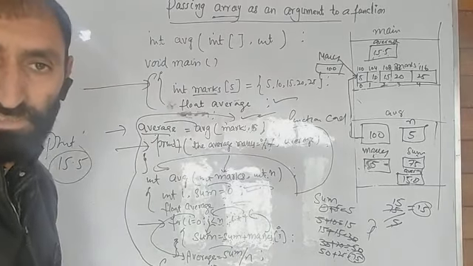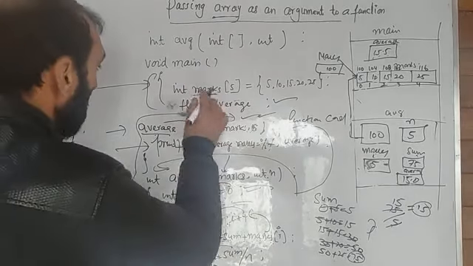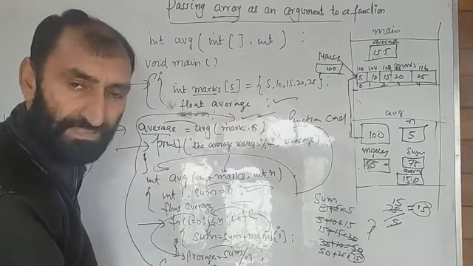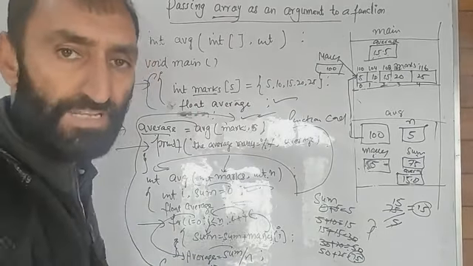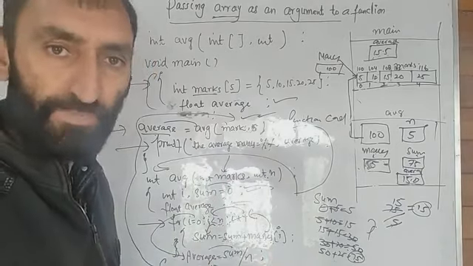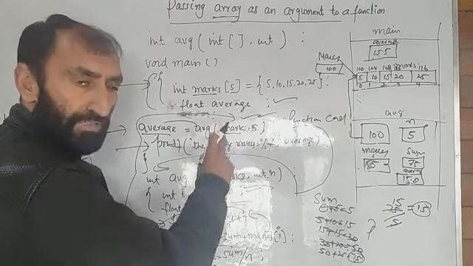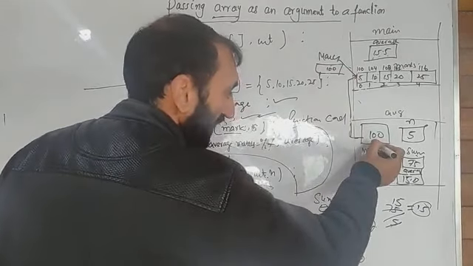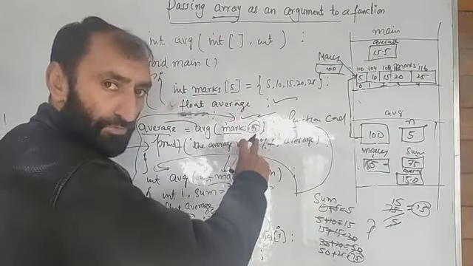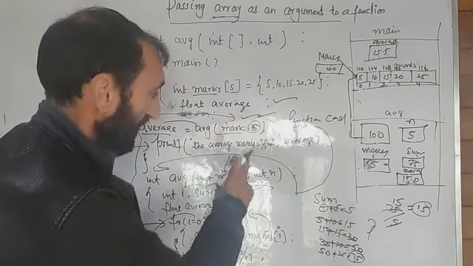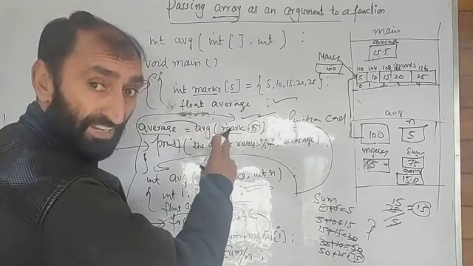We can go and print the average of the 5 students of a class by passing the array as an argument. Pass by value as well as pass by reference are both used. For the array we have only passed the address, that is pass by reference, and this 5 we have passed as a value, that means a copy.